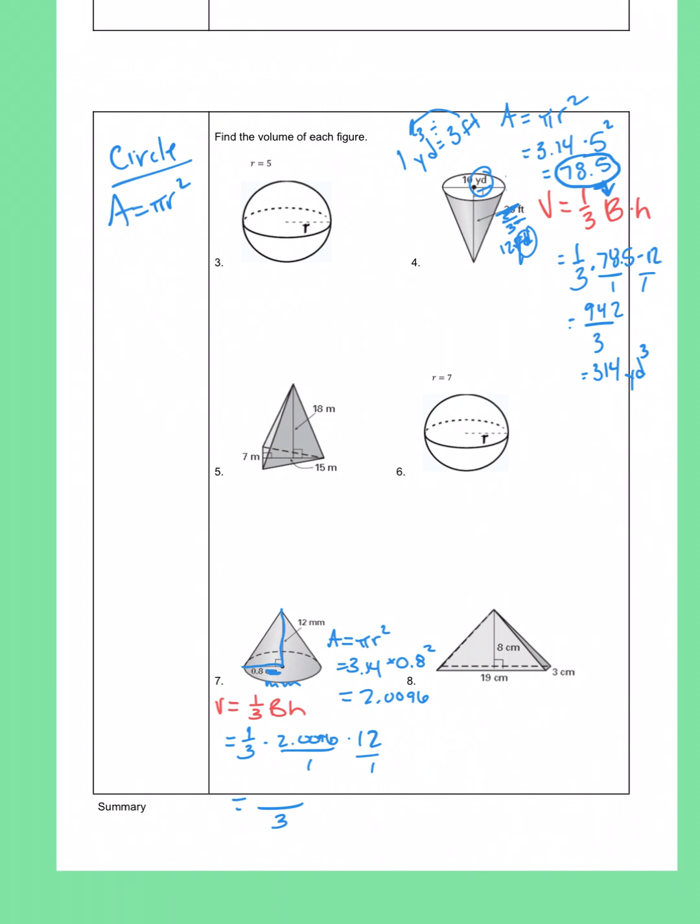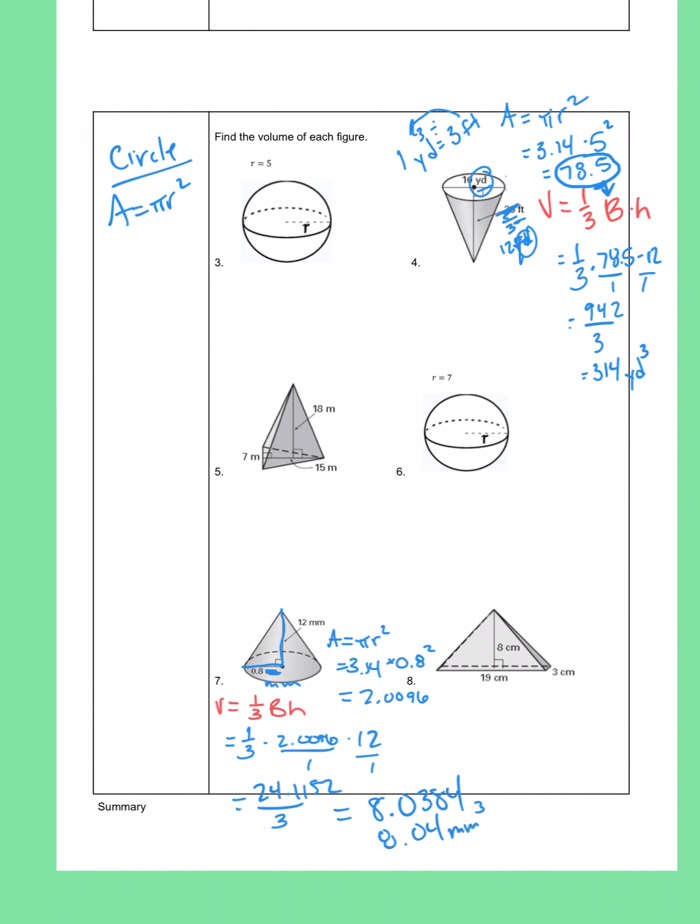For our numerator, we'll do 1 times 2.0096 times 12. And that's going to give us 24.1152. And I'll divide that by 3. And then we get, for a volume, 8.0384. So we could round that to 8.04. And this is in millimeters cubed.